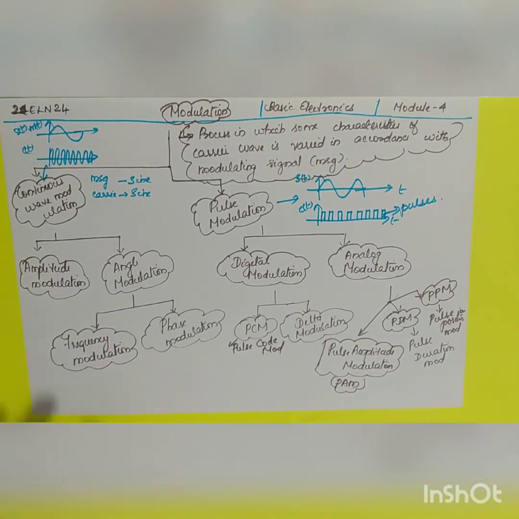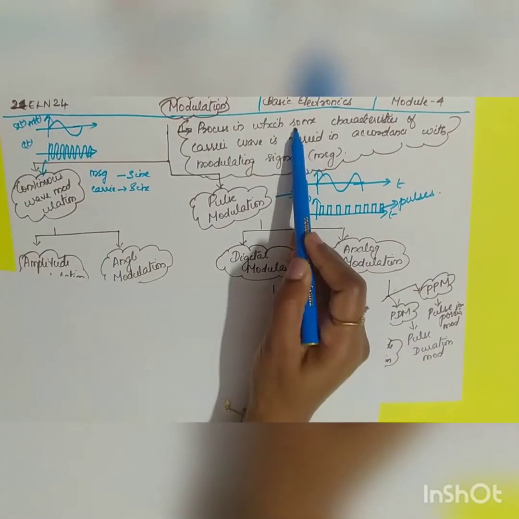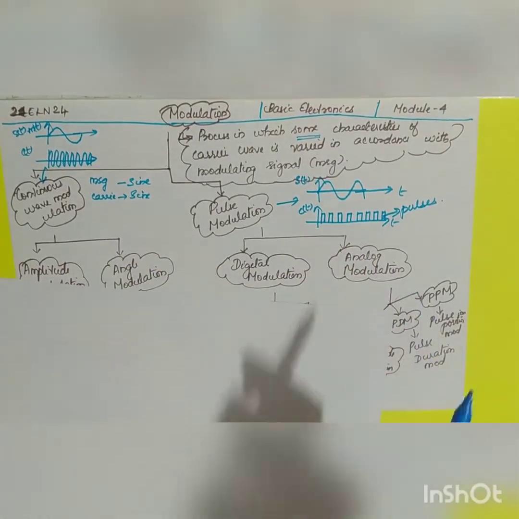Now you are going to study the overall concept of the different types of modulation techniques, mainly your analog and pulse modulation techniques. Okay, so moving on to your first type, that is called as amplitude modulation. So you know that modulation is the process in which some characteristics, so this some characteristics, I am going to replace it by either amplitude or frequency or phase.